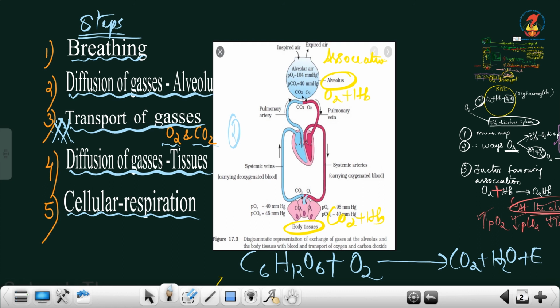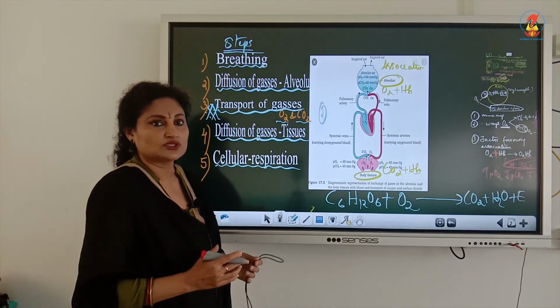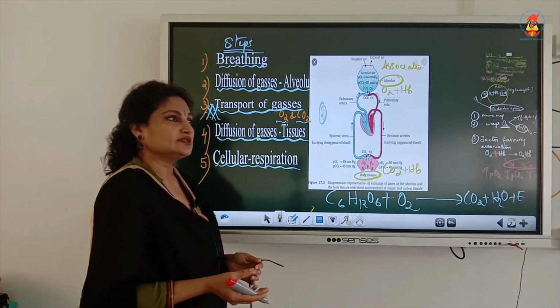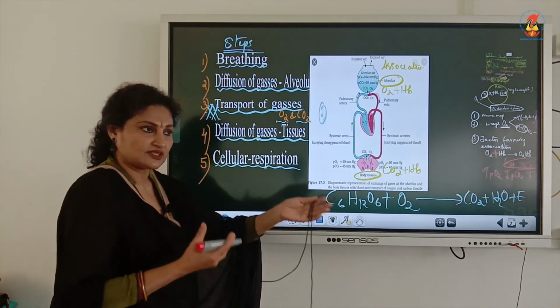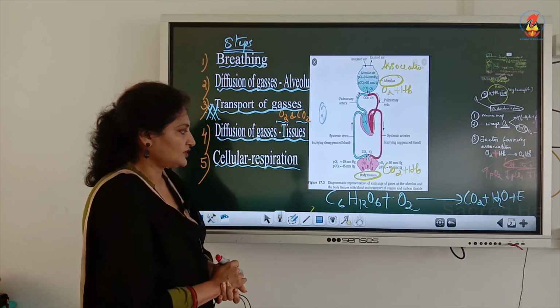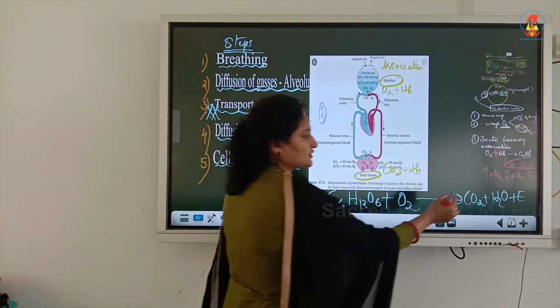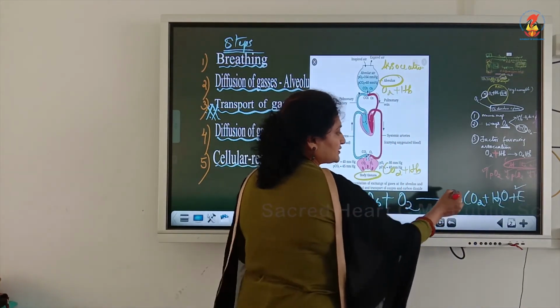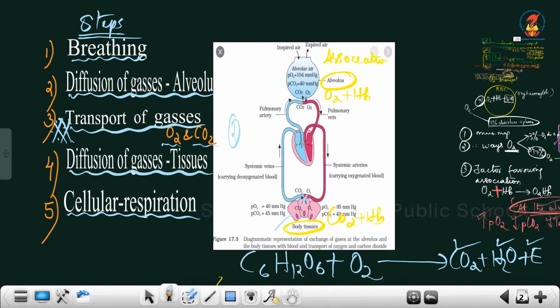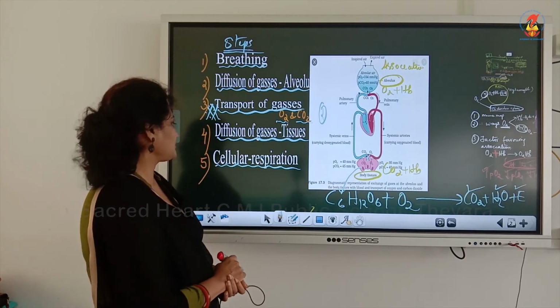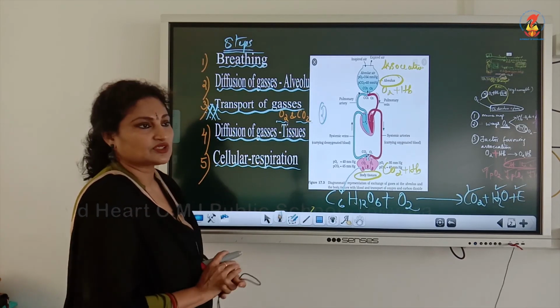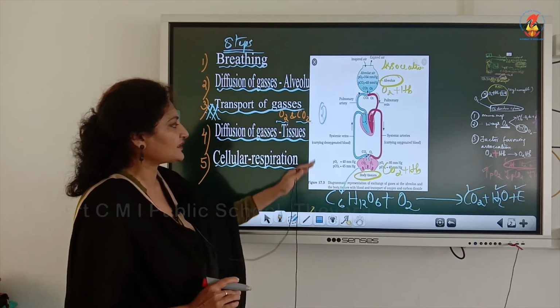So this is cellular respiration. In the cells we have glucose, which is obtained by another system called the digestive system. This glucose should be broken down in the presence of oxygen for us to get energy, and the other byproducts are carbon dioxide and water. This is called cellular respiration, and this is an example of aerobic respiration. So this is cellular respiration, which is at the end of the schematic representation.